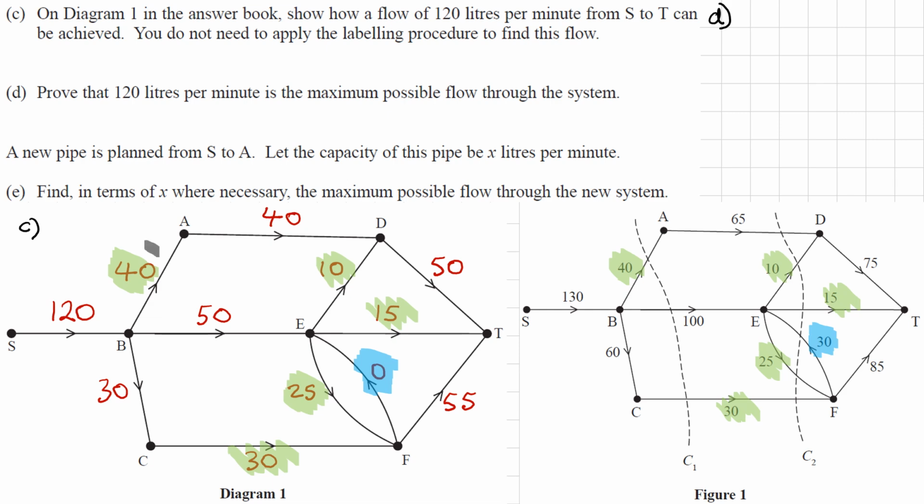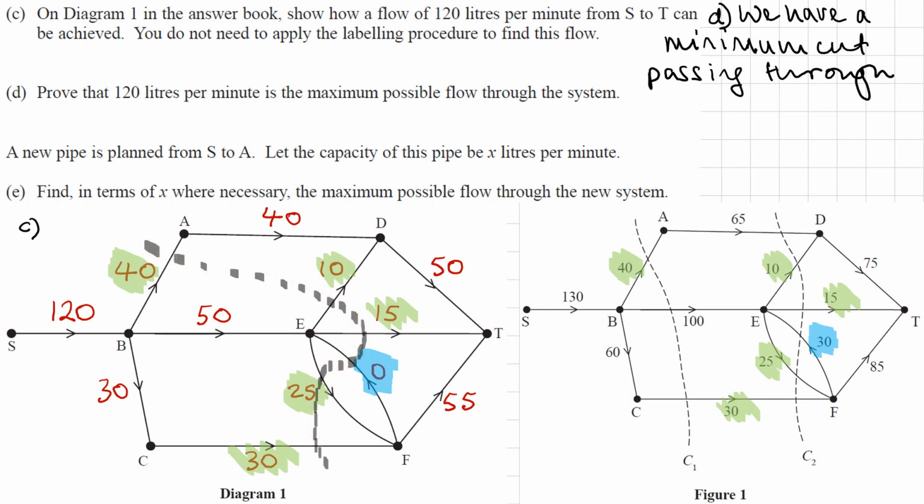So if I just draw this, so it's passing through these arcs here. Okay, so I've now got this cut. So we have a minimum cut passing through these following arcs. So BA is the first one, and then from BA it crosses through ED.